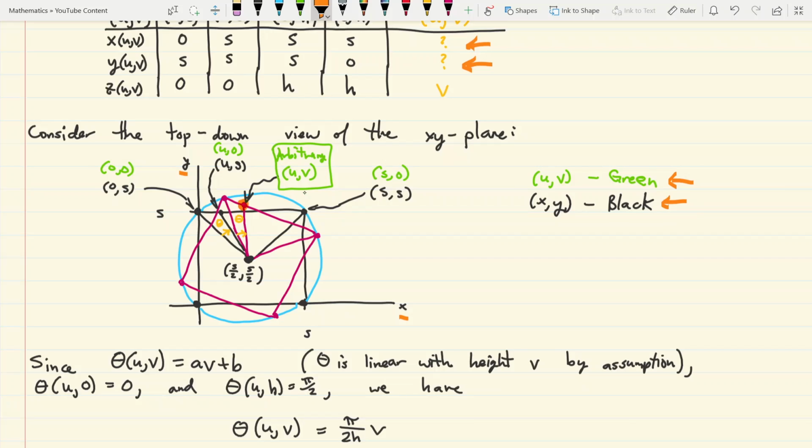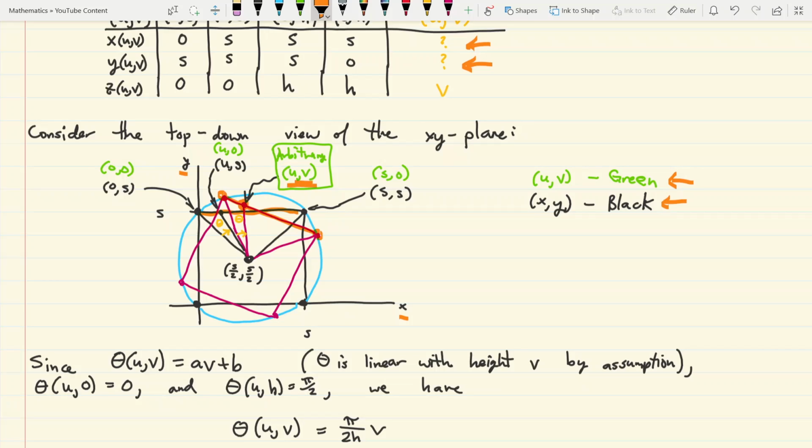So the goal is to find the xy coordinates for UV. Along here, again, what I'm doing is I'm starting at UV being 0, 0 and increasing U to S. Then once I've rotated a bit, I have some height, V, and then U is still moving from this point to this point.